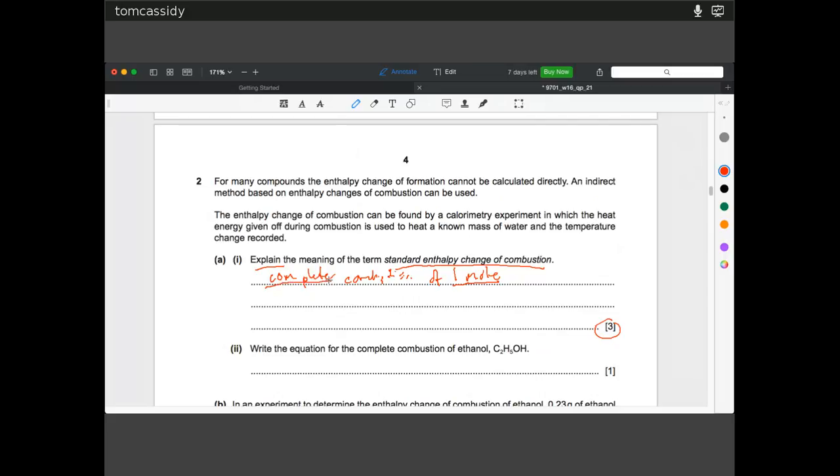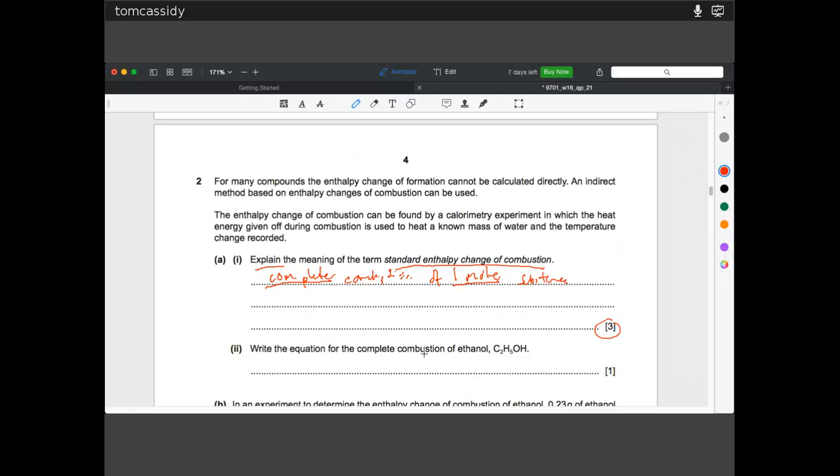So, for example, if you are combusting carbon, you'd make sure you are completely combusting carbon to CO2 and not incomplete combustion to carbon monoxide, for example. So we've got complete combustion of 1 mole of a substance.